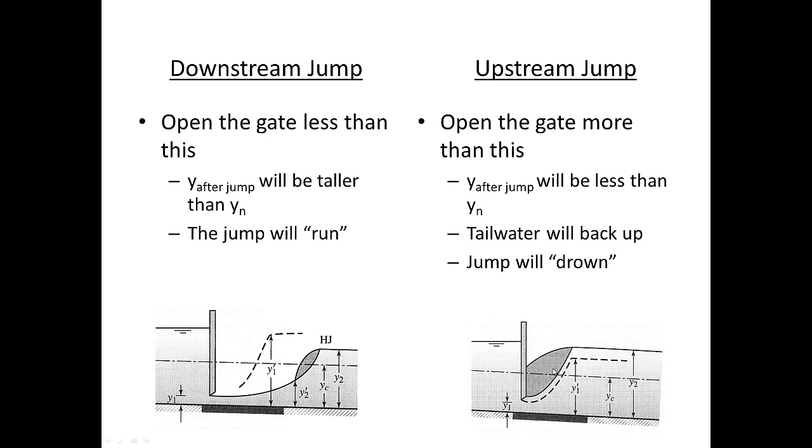It causes the jump to run towards the gate, and it can drown the gate itself. Whereas if we had closed the gate more, you'll notice that in this case the gate opening is large. If we had closed it more, then that would have caused the sequent of that jump to match up to the water surface. And so you can see from both of these depictions how it's really a continuous iterative thing, that the downstream channel conditions and also the gate opening conditions affect the location of the hydraulic jump itself.